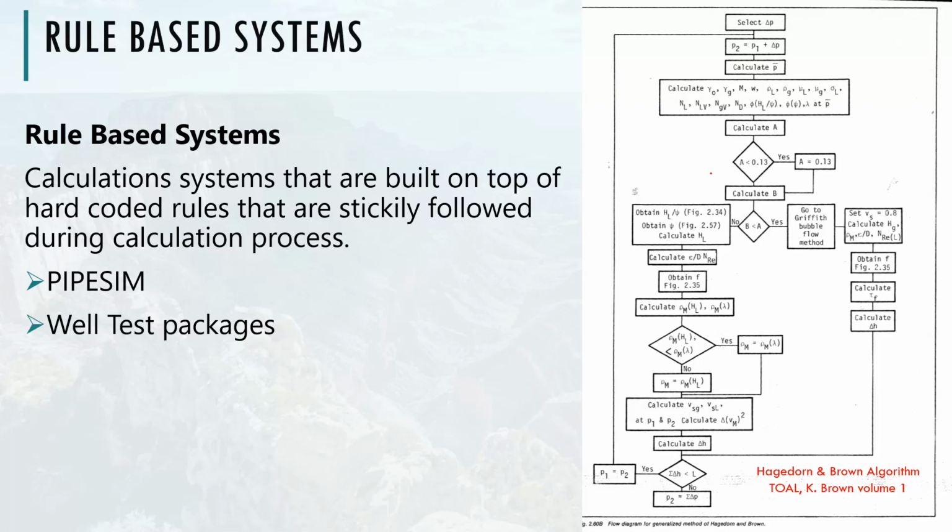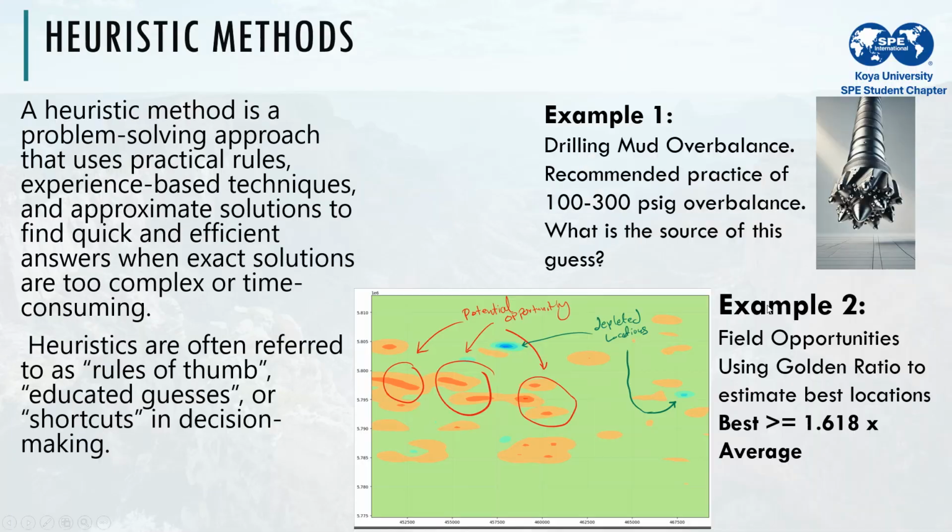You have certain rules, you follow a certain algorithm, and finally, for example, you calculate the results. Okay. Software like PipeSim, Petrel, Eclipse, CMG, all of these software use rule-based systems. For example, PipeSim uses this algorithm, and other well testing packages as well use this algorithm.